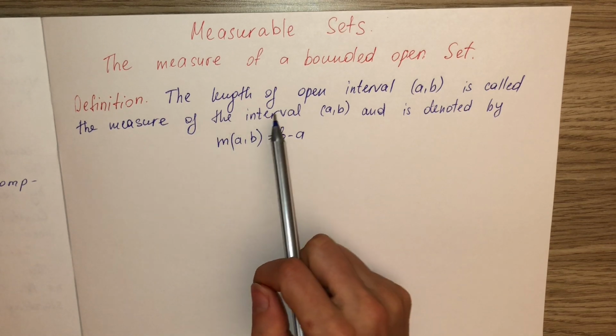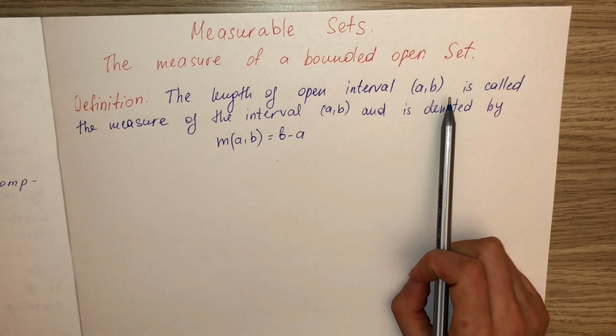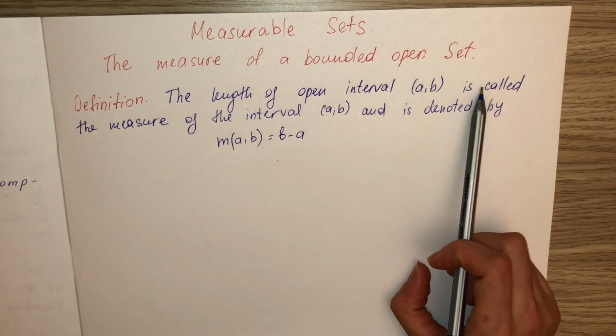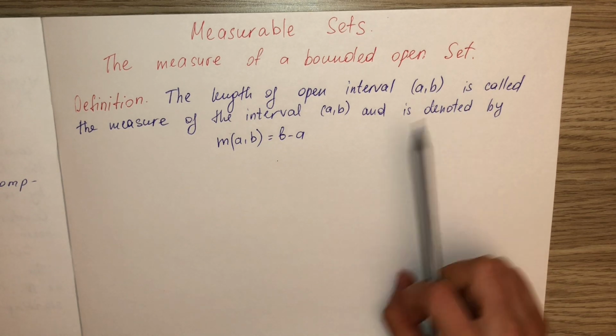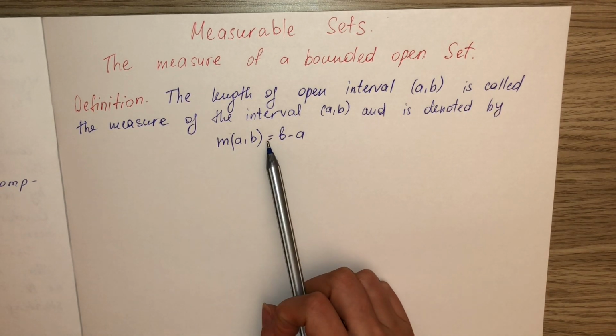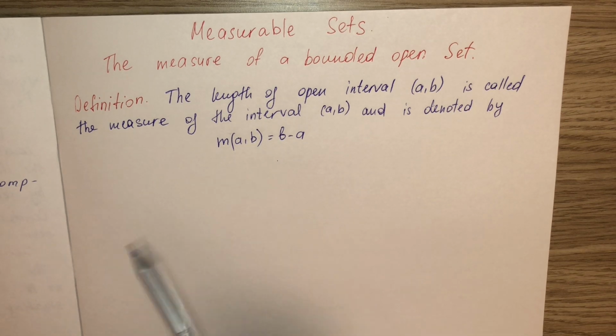Definition. The length of open interval (a, b) is called the measure of the interval (a, b) and is denoted by m(a, b), which is equal to b minus a.